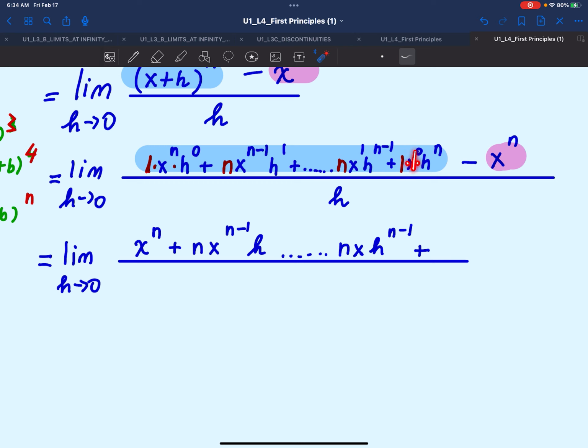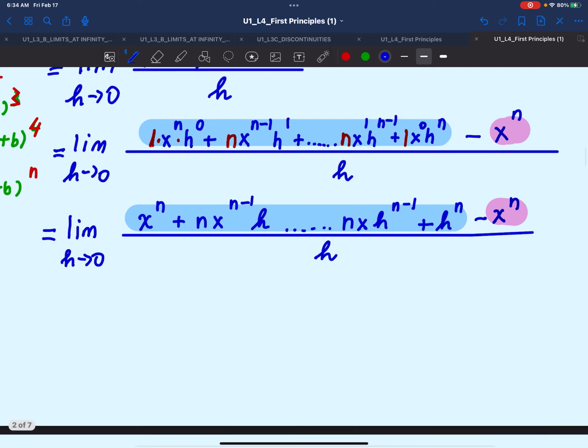So 1 times h to the power of n, so plus h to the power of n. And then, again, this will be the more simplified form of the blue expression. And then we will subtract here x to the power of n. Extend the line. Divide by h.